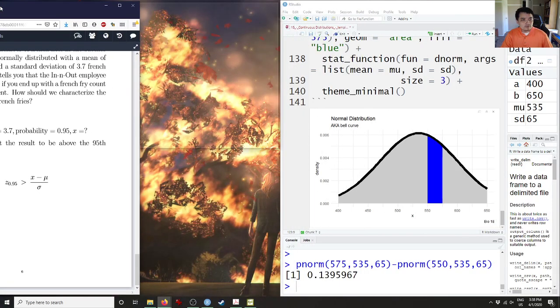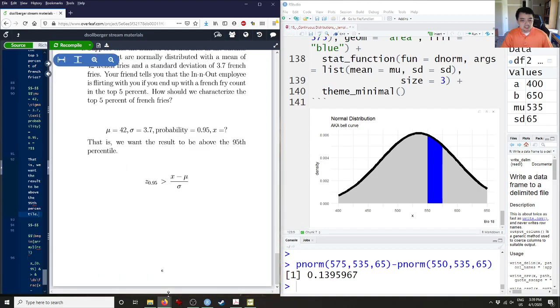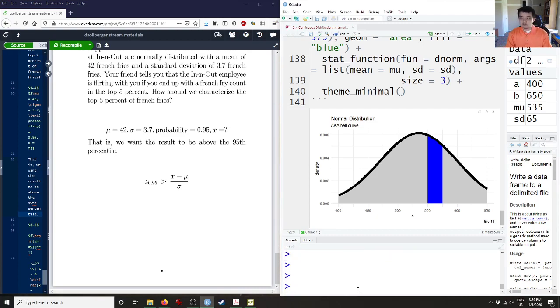Now, where we were finishing up last time was to handle these types of situations. When we have the probability, but we're going backwards to find the x value, this was called a quantile.